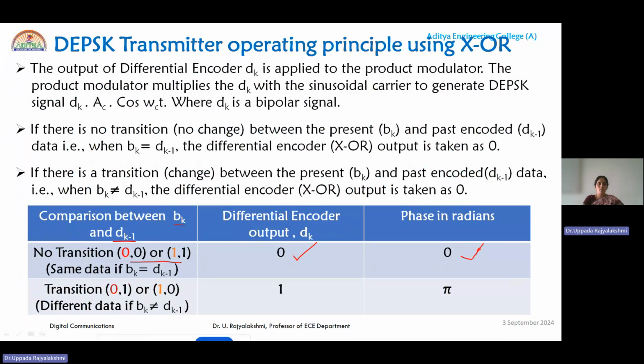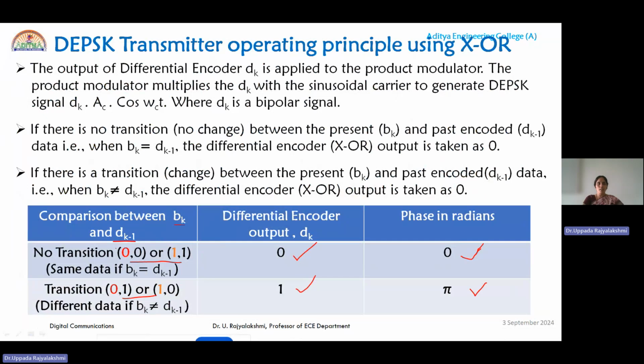Because we have two inputs, there are 4 combinations. If there is a transition, that is, for non-identical inputs, 0 1 or 1 0 combination, the differential encoder output is 1 with a phase change of pi radians or 180 degrees.